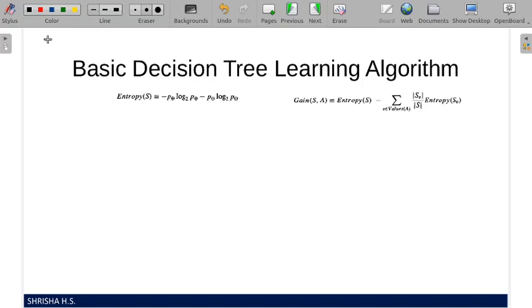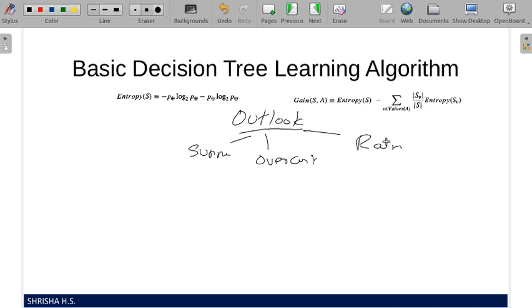Now let's see our tree. Outlook is sunny, overcast, rain. Remember, we have to go on finding the attributes until we get the total classification, all yes or all no. So we selected the humidity attribute here.